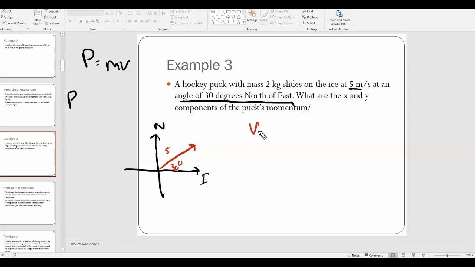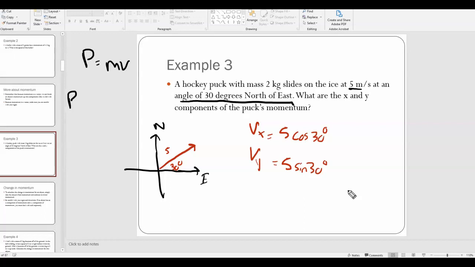Now of course, Vx would be 5 times cosine 30 degrees, and Vy would be 5 times sine 30 degrees. Of course, we've done these types of calculations many, many times before.